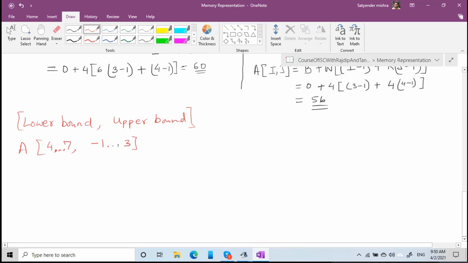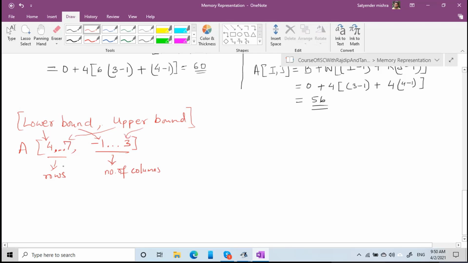Now you need to calculate the length. This represents the number of rows and this represents the number of columns. This is your lower bound and upper bound of rows, and this is your lower bound and upper bound of columns.